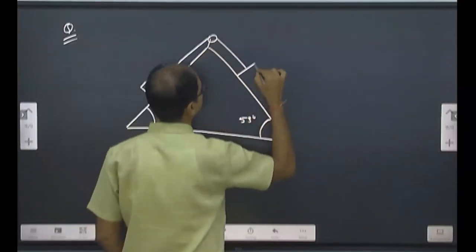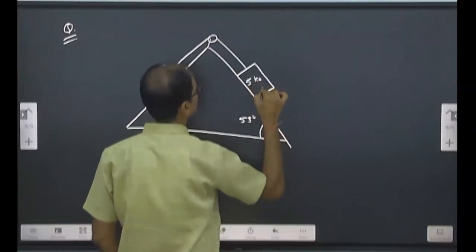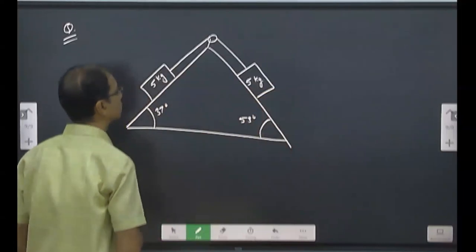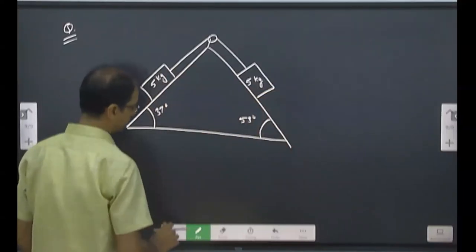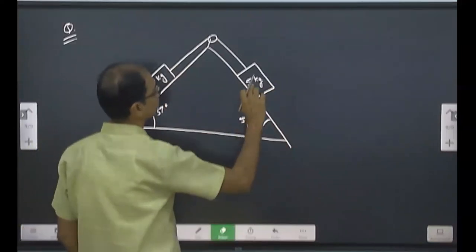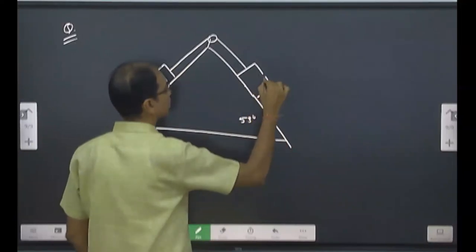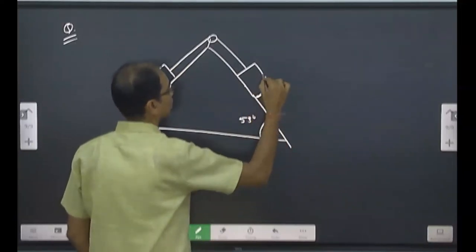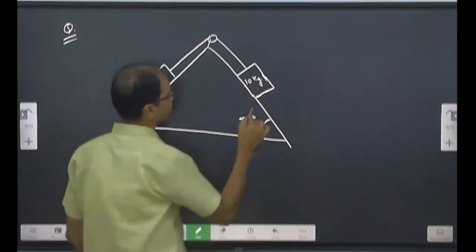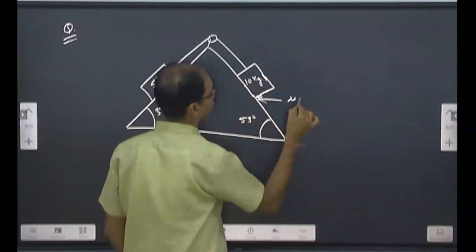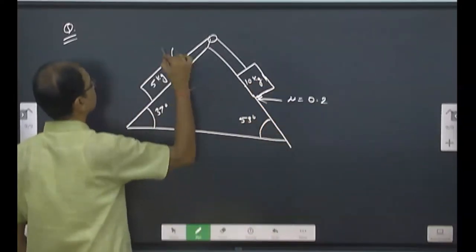And here is also a 5 kg block. Make it something else. Make it 10 kg. The coefficient of friction here is 0.2, and the coefficient of friction here is 0.4.